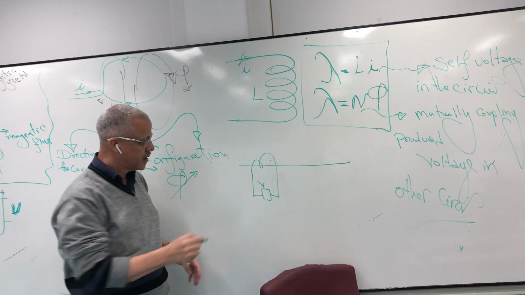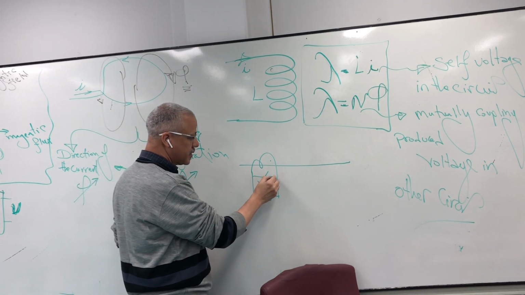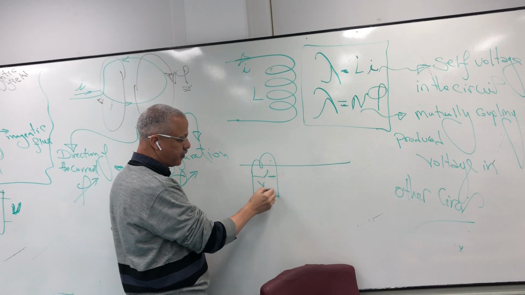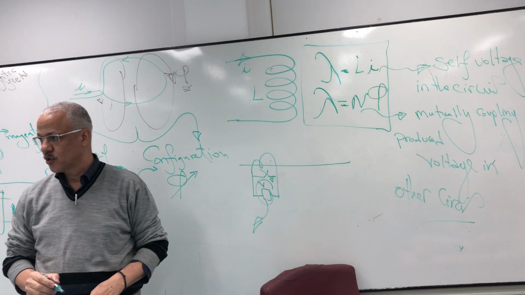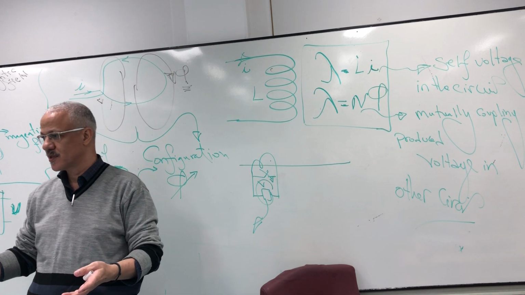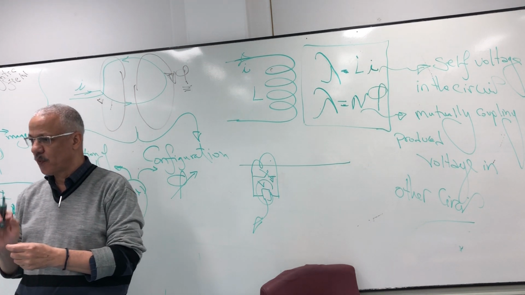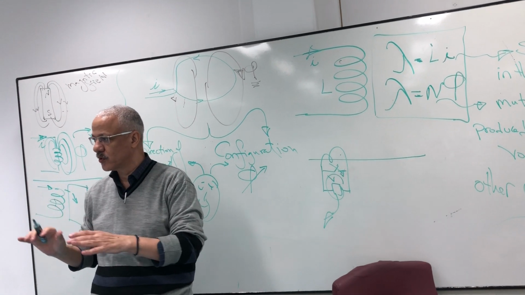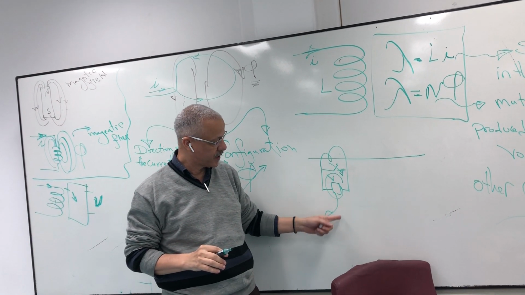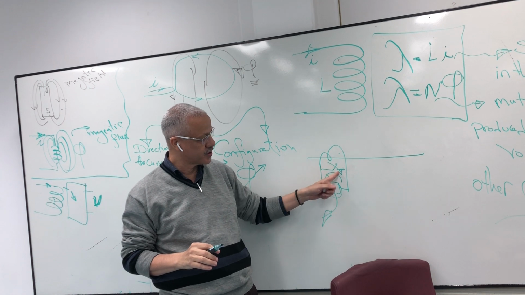So in such a case, you have to put here a switch. If you remove this device, this switch will be closed as a short circuit to protect the persons. If you leave it open, it is very, very dangerous and will burn you. So once you remove the measurement device, you have to close this one.